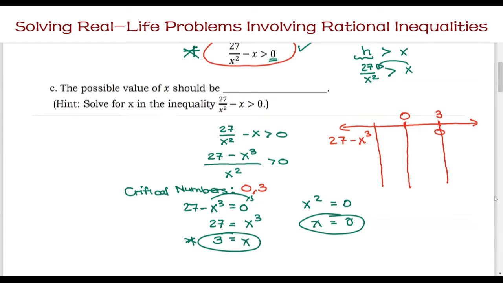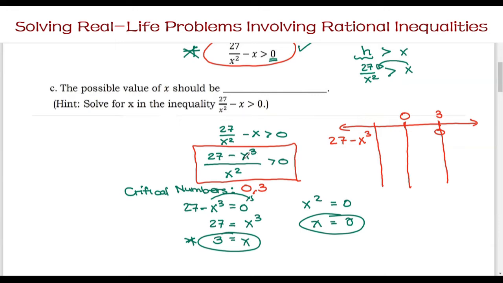Ang tanong, isi-shade ko ba to? Or pwede ba nating i-include yung x equals 3? The answer is no. Why? Because, tingnan nyo tong ating rational inequality na ito. Actually, pwede naman, di ba? Kasi pwede namang mag-0 ang numerator. Pag sinubstitute ko ang x equals 3 dito, pwede mag-0 to.